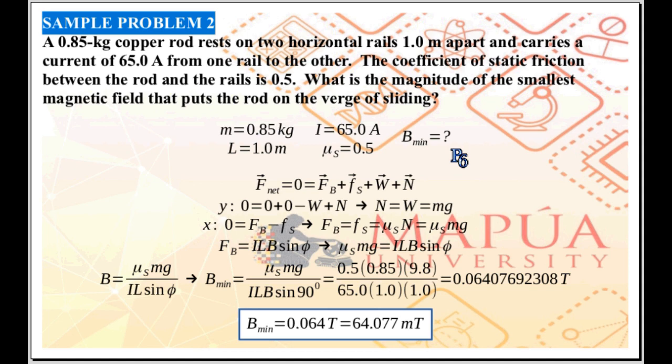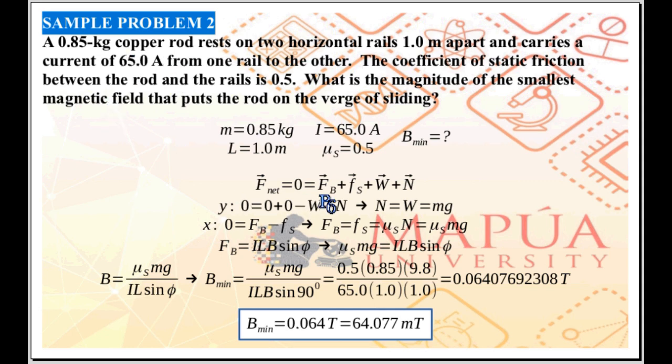Now, there are four forces acting on the rod. We have the magnetic force, which is applied by the magnetic field on the copper rod. The copper rod has current flowing through it. You have a current-carrying conductor. The magnetic field will apply force on the current-carrying conductor.